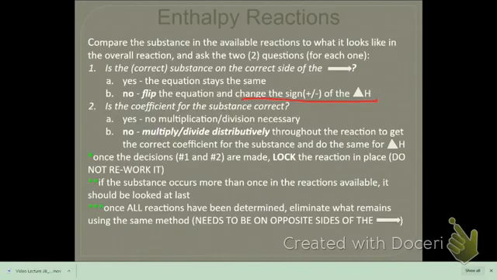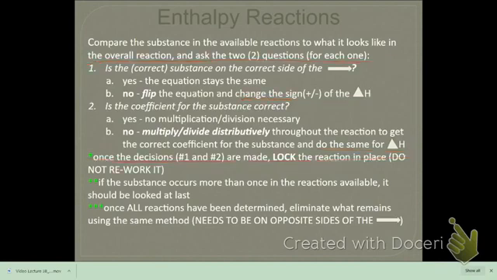If it's yes, then you leave it alone. And if no, then you're going to have to either multiply or divide distributively, that means throughout the entire equation, to get the correct coefficient for that substance or species. And again, you have to do the same for the delta H. These are the two rules that you're looking at, okay?